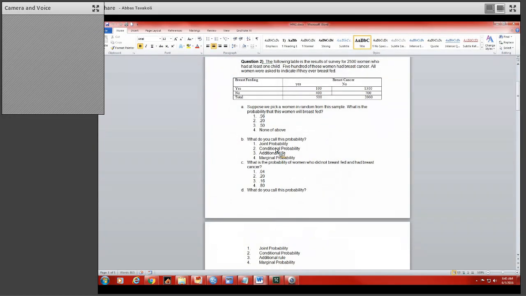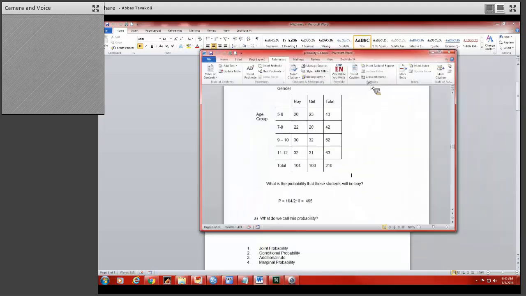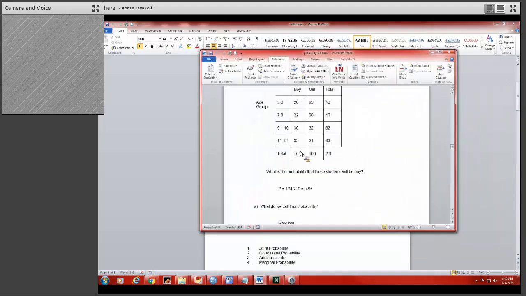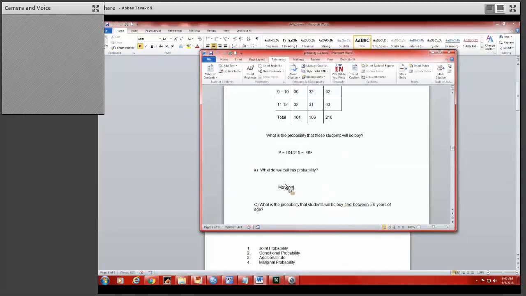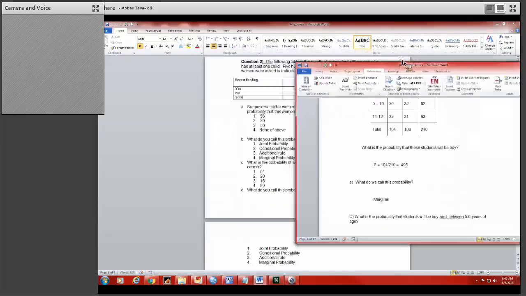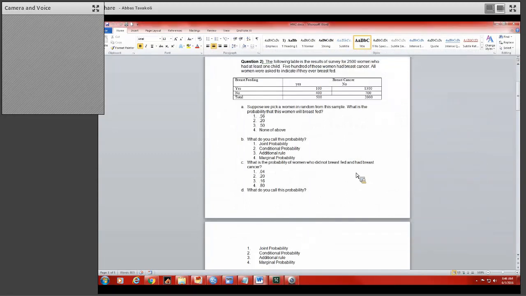So what do you call this probability? Again, if you look at the same example, you have the boy, so 104 total divided by 210, you got that probability. That's called marginal probability because you're looking at the marginal for each category you have.